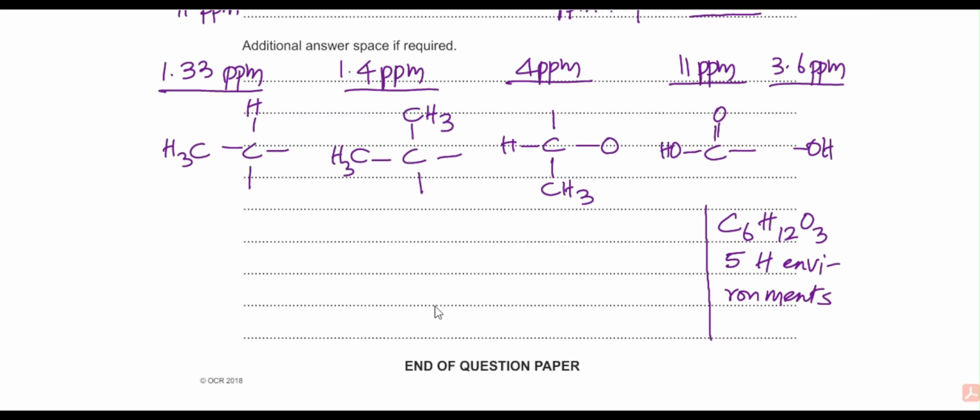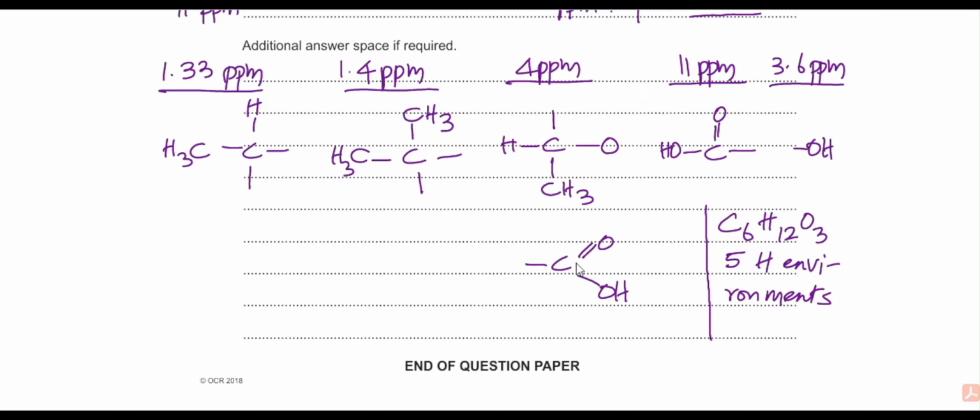Okay, now let us start writing out the structure. First and foremost, this carboxylic acid group will always be at the end of the structure, so it's quite safe to write this out here. And then this 1.4 ppm told us that there are 6 hydrogen atoms with no adjacent hydrogen atom in the next carbon atom.